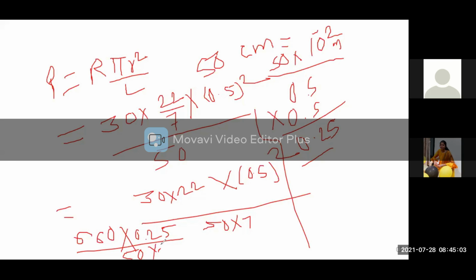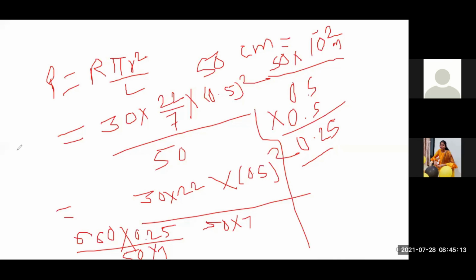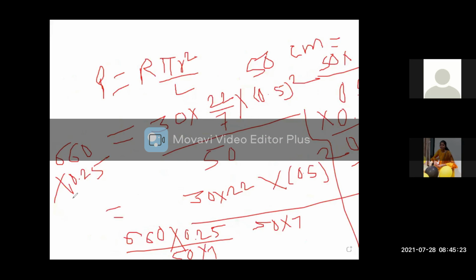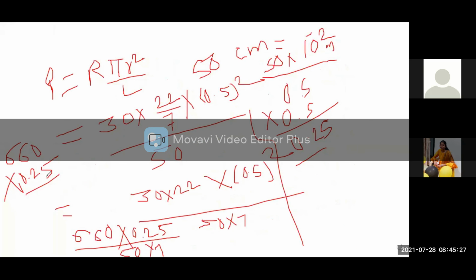350. Okay, so here we can divide this by 350 and multiply 660 into 0.25. 5 zeros are 0.